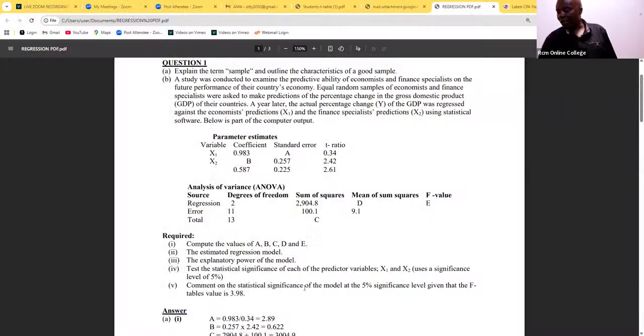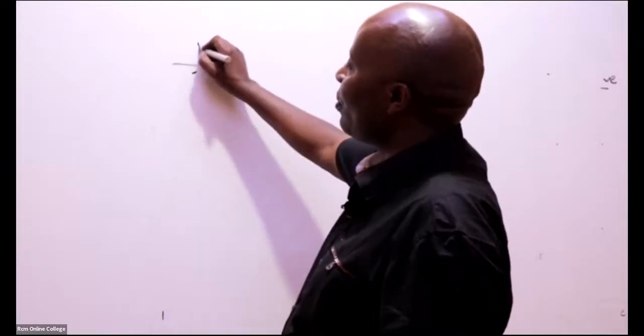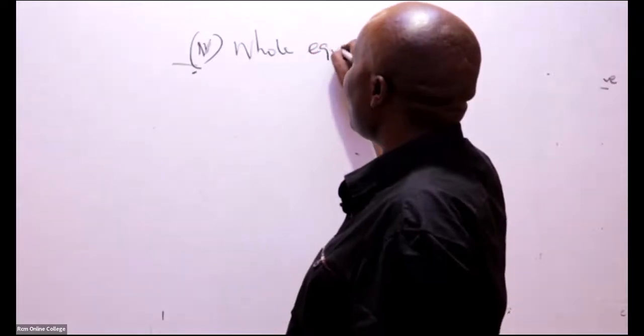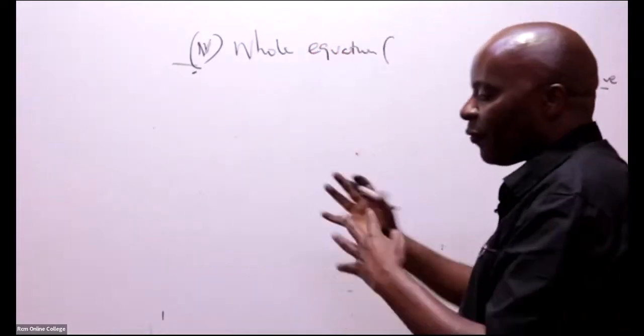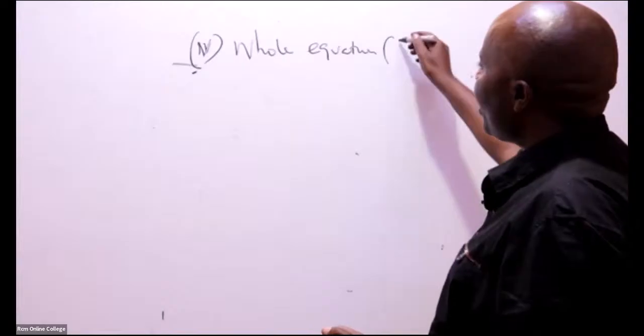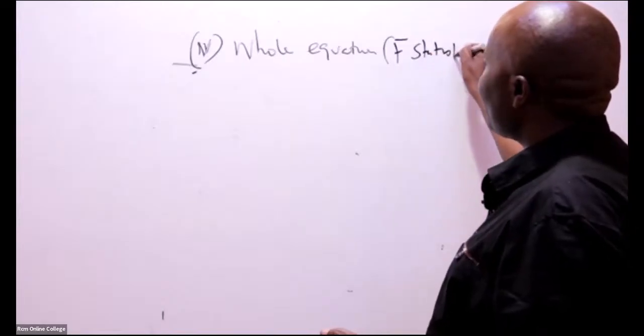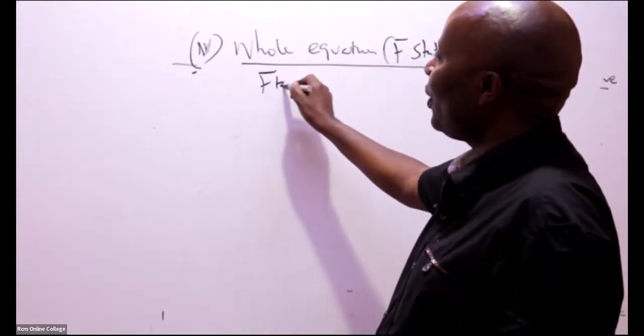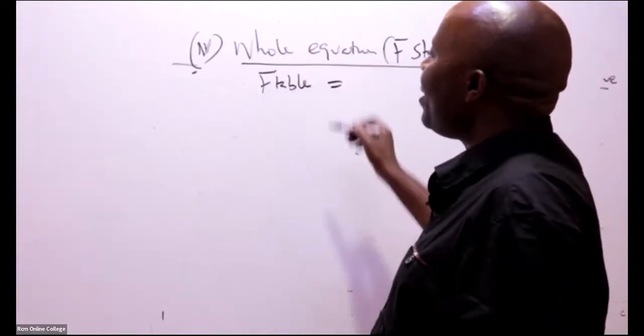So you can see here, comment on the statistical significance of the model at the 5% significance level, given that the F table's value is 3.98. Now, in this case here, we are looking at a whole equation, number 5 actually. The whole equation, you do the F comparisons. So in this case, it is the F statistics, where you start with the F table.